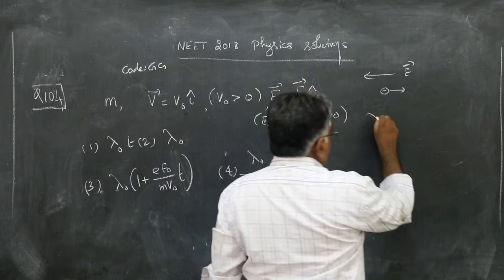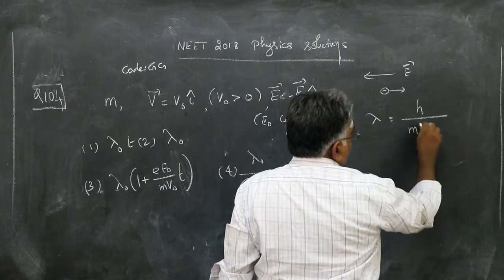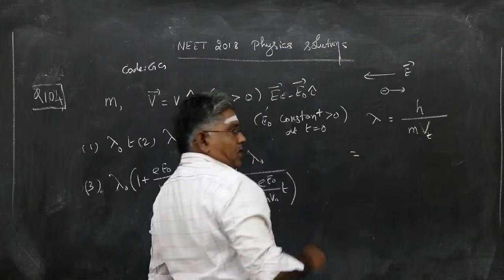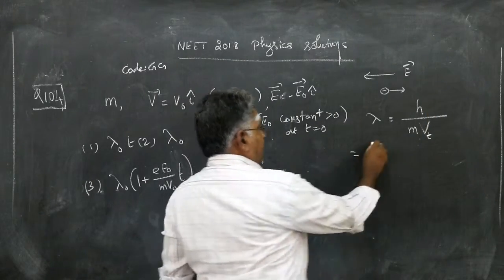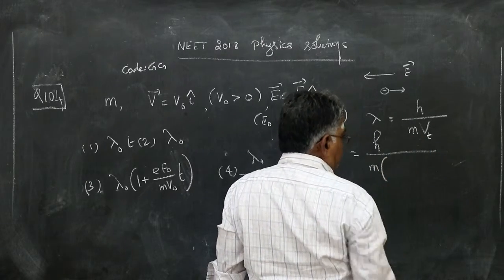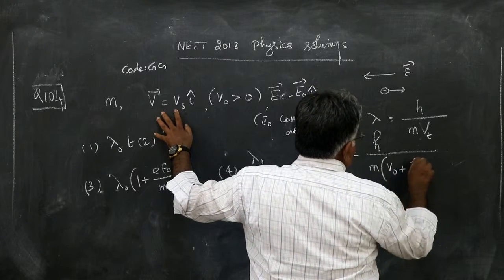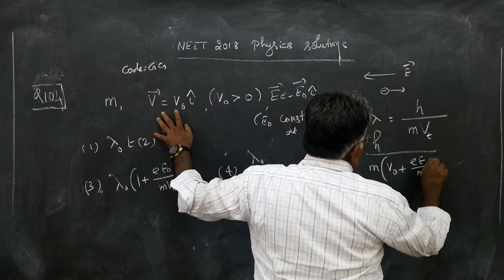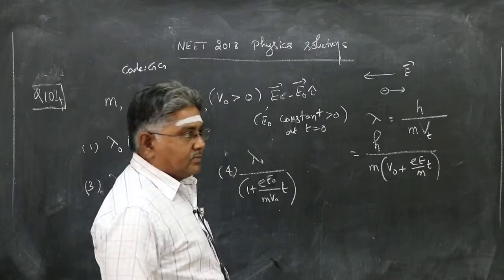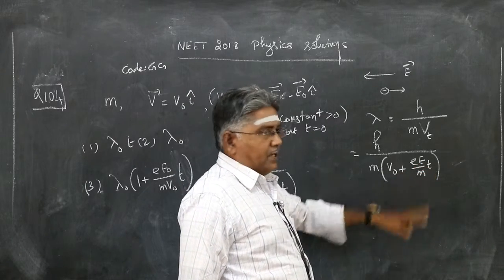So this will accelerate, and the formula for wavelength lambda is h by m v. Velocity after time t: v is equal to u plus a t. Initial velocity is v naught, acceleration is e by m into t.